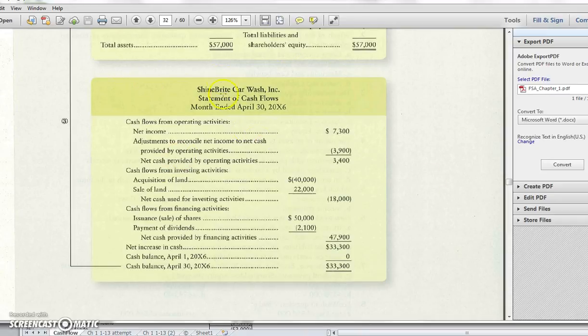And so, as you can see with the statement of cash flows, there are different areas in which a business brings money into its entity. It can come in through operating activities, investing activities, and financing activities. So, for example, you sell products or services, that's operating activities. Another way in which a business can get money is you can sell assets, or you can buy assets.